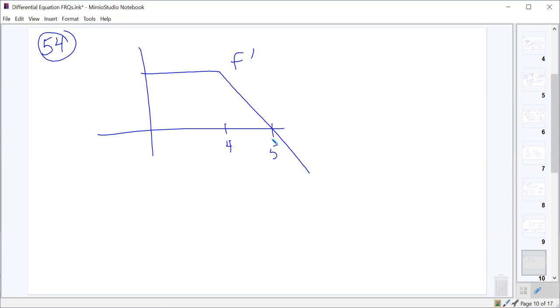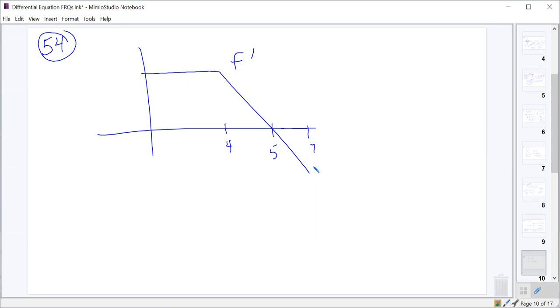Okay, so let's just take each of these step by step and see which ones we can eliminate. So choice A, f is discontinuous at 4. Well, for something to be discontinuous at a point, its derivative would have to not exist at that point, and our derivative exists at all of the values here, all the way up to 7, which is where it ends.